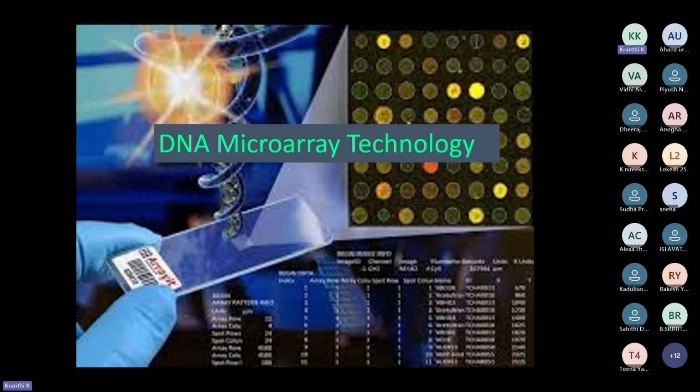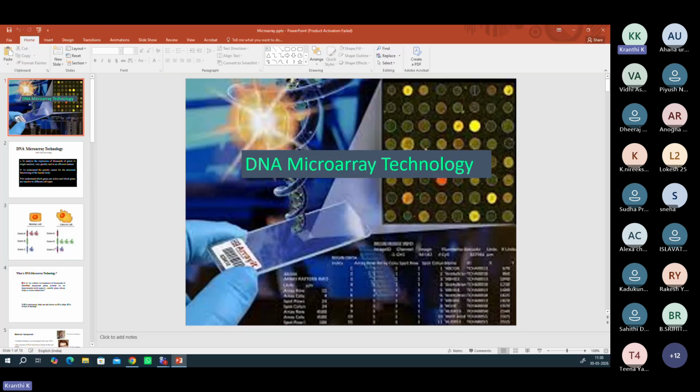Just now we found the Philadelphia gene, the fusion of ABL and another gene, right? So that is one. But to find out multiple disorders at a time, for example, you want to check what type of chromosomal or gene mutation is present in a particular patient.